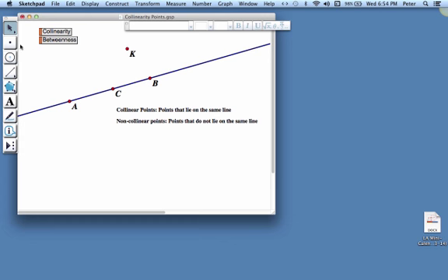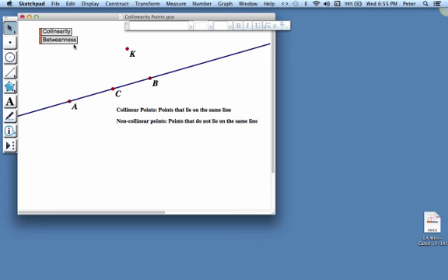Betweenness is a little more complicated. Point C is between point A and point B. However, point K is not between point A and point B. In order for a point to be between two others, like C is, it has to be collinear with the 2 outside points.